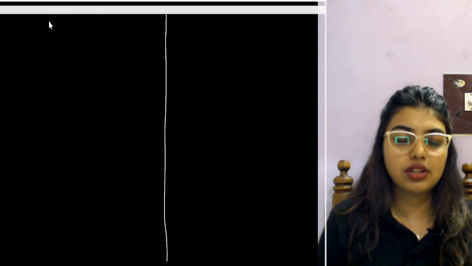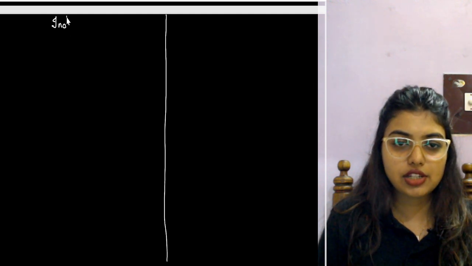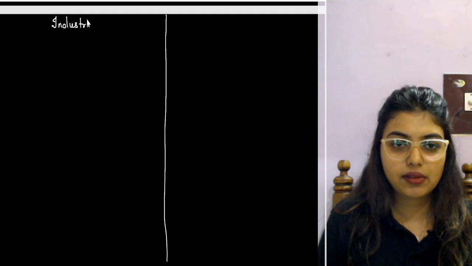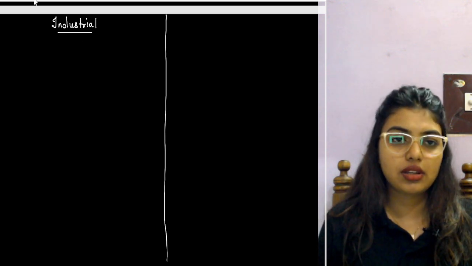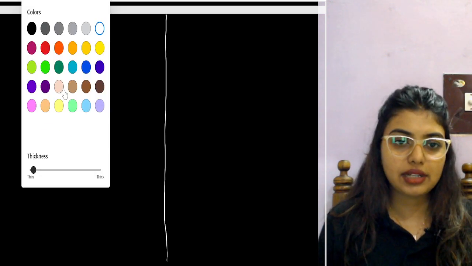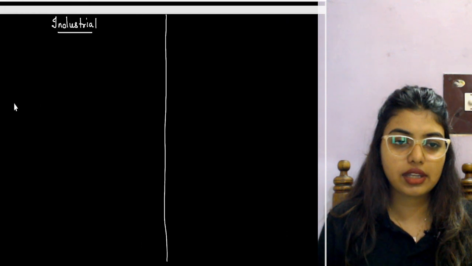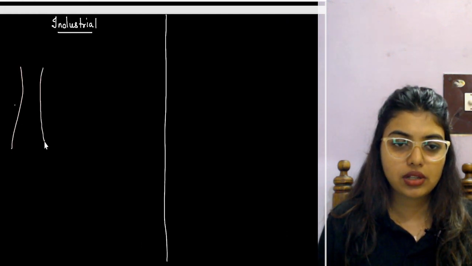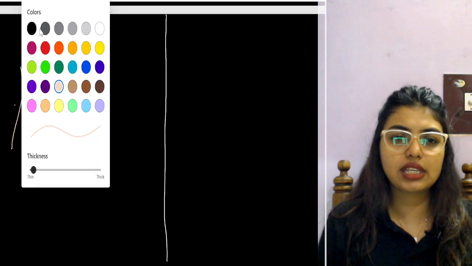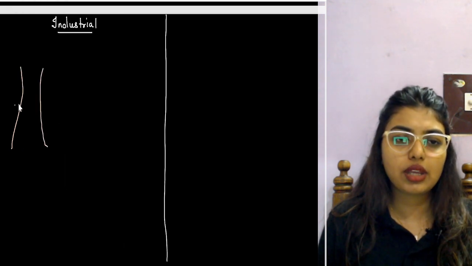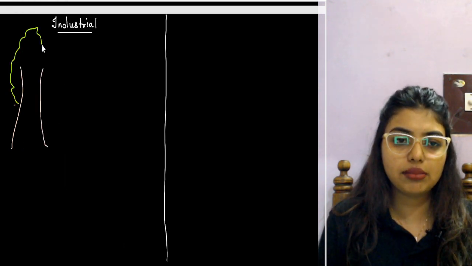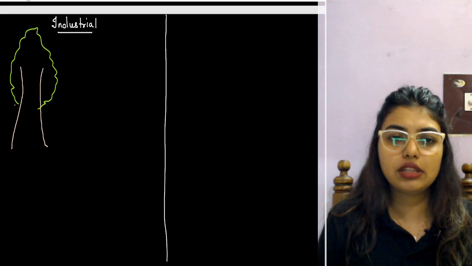So here we are going to write about industrialization. Now here what happened, let's say this is the tree. These were the trees that were present before. Obviously no pollution, the trees are beautiful, and the branches are not that brown or darkish, they're all in medium shades.